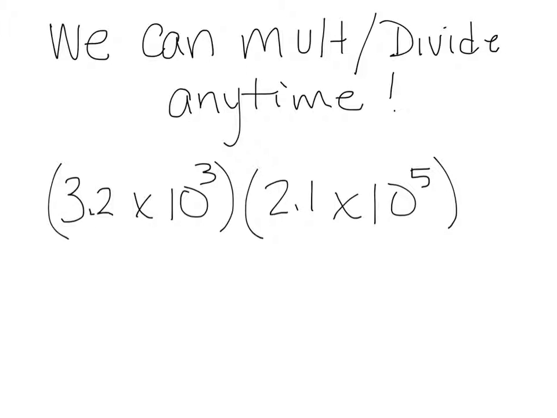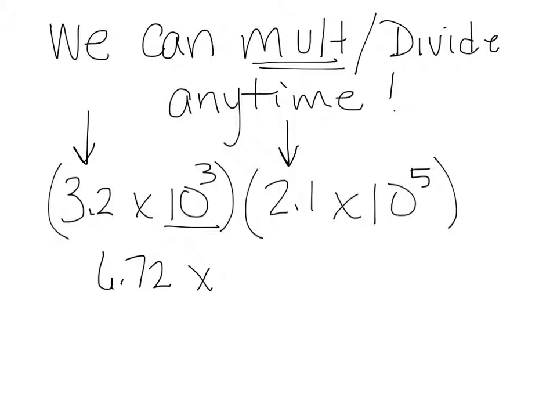We can multiply and divide anytime we want to when we're dealing with numbers in scientific notation. So here I have 3.2 times 10 to the third times 2.1 times 10 to the fifth. To multiply scientific notation numbers together, take the coefficient numbers, which in this case are the 3.2 and the 2.1, and multiply them together. 3.2 times 2.1 is, I believe, 6.72.